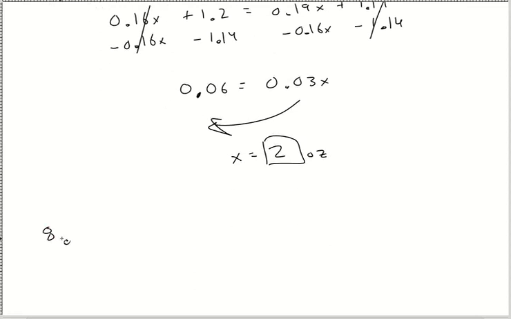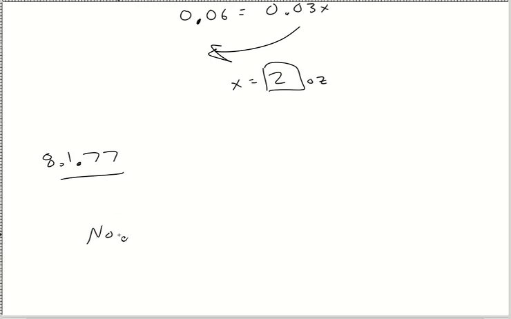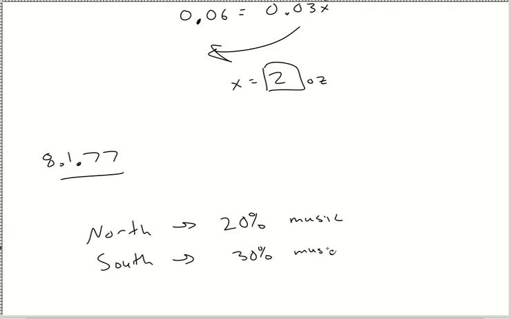Last question, 8177. And yet again is another word problem. We have the North Campus, which has 20% of the students are music majors. We have a South Campus, where 30% of the students are music majors.